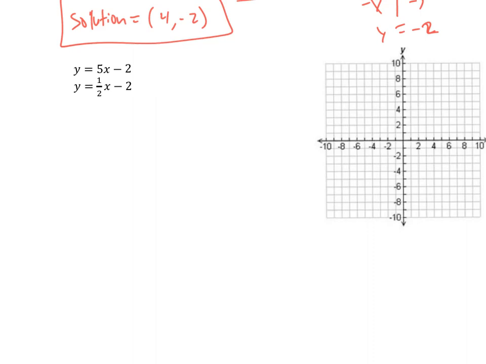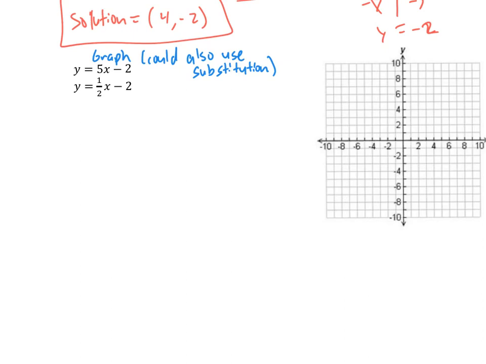So we could also graph this one because both of our equations are in slope-intercept form. So I'm going to say graph in this case, but you could also use substitution. Okay, but in this case we'll graph.